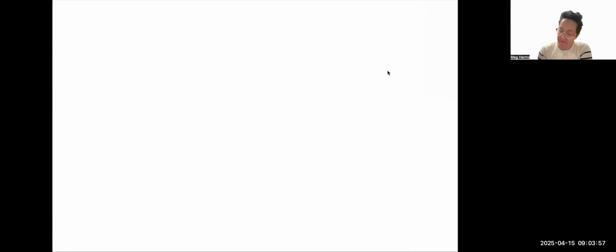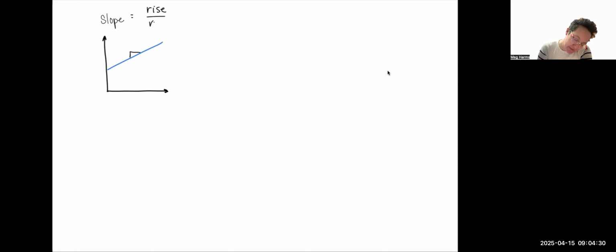So, one of the very first things that you learned when you started doing decent math was slope. So, you would look at a graph, and on that graph, you might have a line. And we would ask, what do we know about the slope of that line? And you probably learned that slope is rise over run.